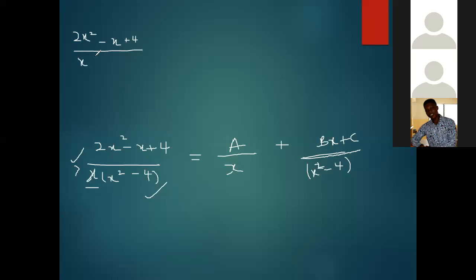Over x times x squared minus 4. Like we are saying, the rule is we have a over what? A over x, okay, plus we have bx plus c over what? X squared minus 4. So I'm going to clean the rest.